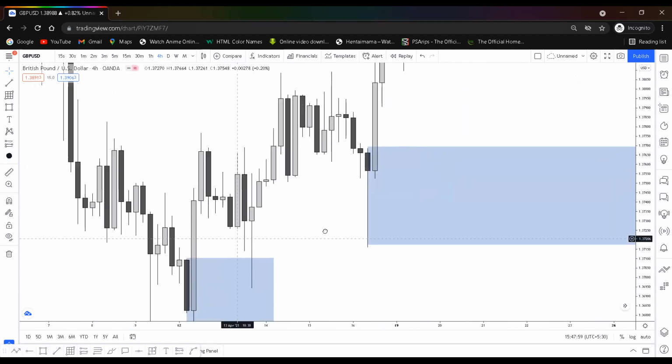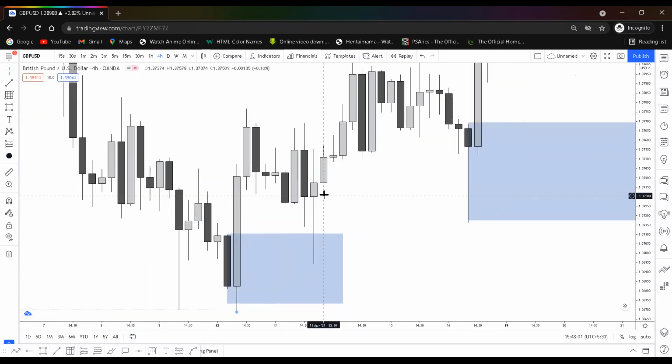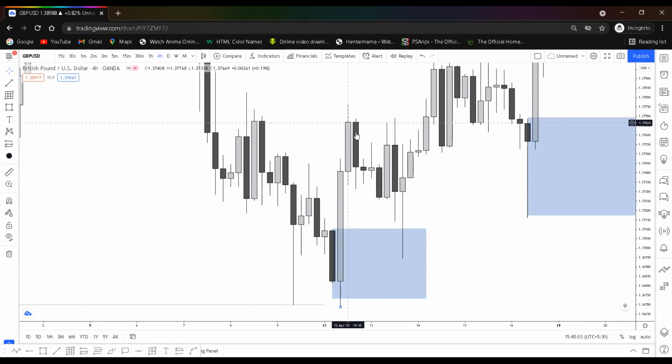Now the real mitigation comes here. You see, price went higher and then came back down, and this candle opened right here. Then it went back up, and then this opened right here, it came back down, and this specific candle opened right here. You see that selling pressure that candle had? It sold back down to mitigate this, and then boom, it went higher.